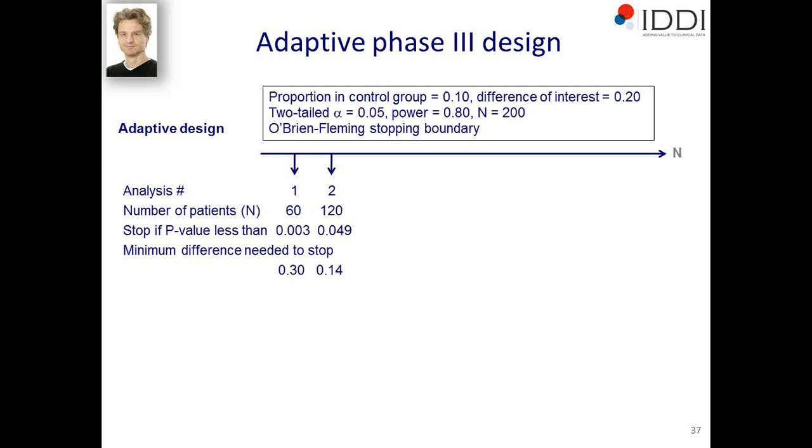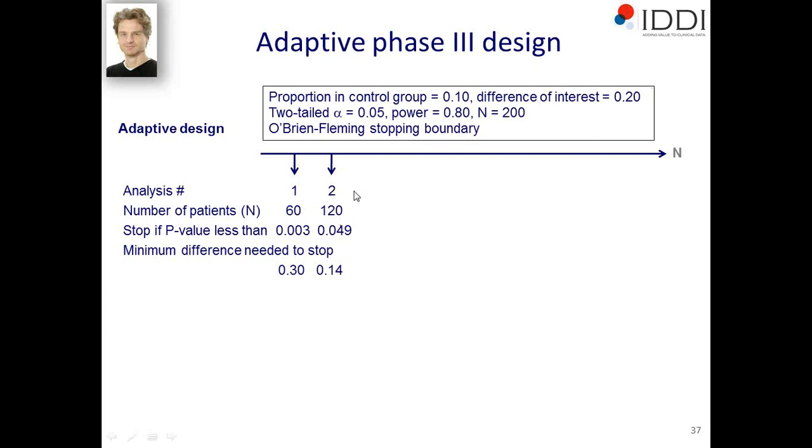So then actually, it might be worthwhile to do an adaptive design starting from the other end, as Mark already alluded to. You could start more or less with the same assumptions, but with a difference of interest of 20%, which might be large. But this means that it would allow you to use a sample size of only about 200 patients.